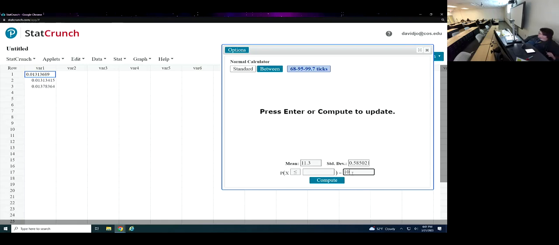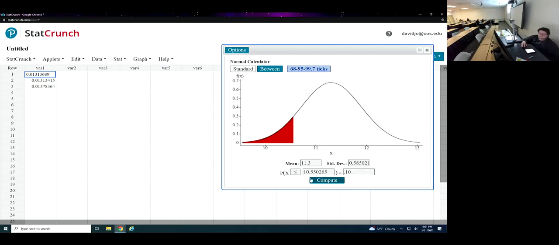So if I have 10% here, I want to write it as a decimal, with the decimal in front of the two digits. If I do that here and click compute, it gives me the time: 10.55.